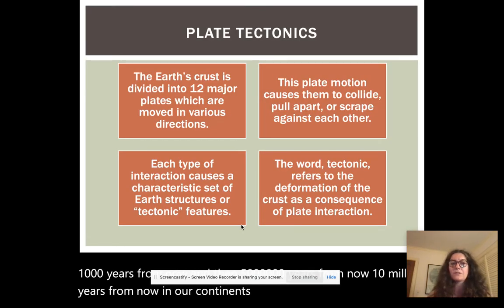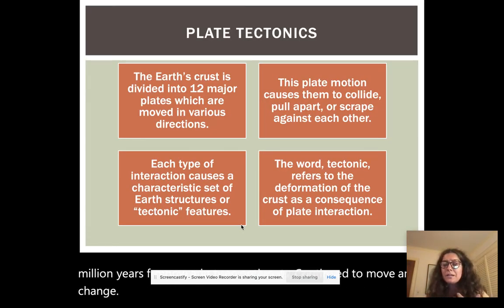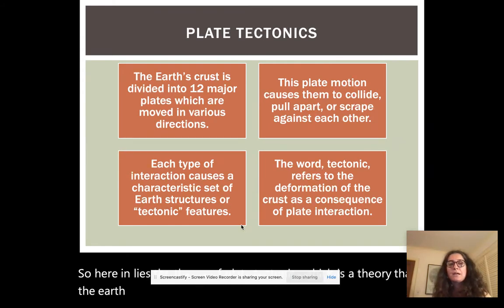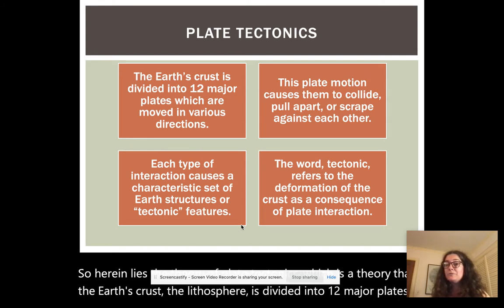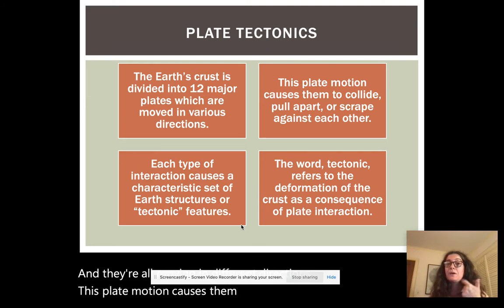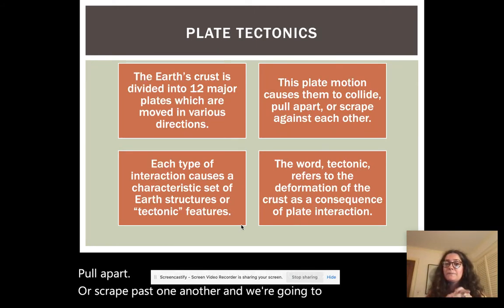So herein lies the theory of plate tectonics, which is a theory that the Earth's crust, the lithosphere, is divided into 12 major plates, and they're all moving in different directions. This plate motion causes them to either collide, pull apart, or scrape past one another, and we're going to go over those in just a minute.